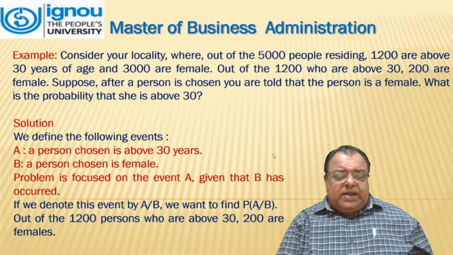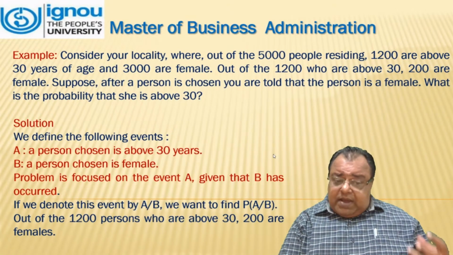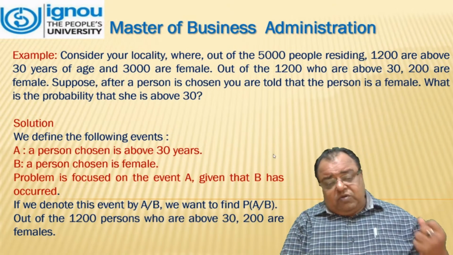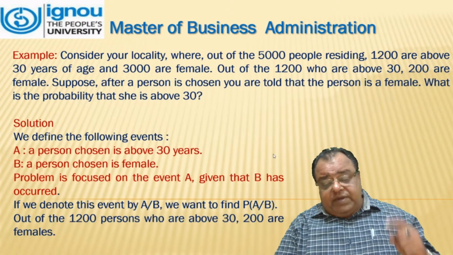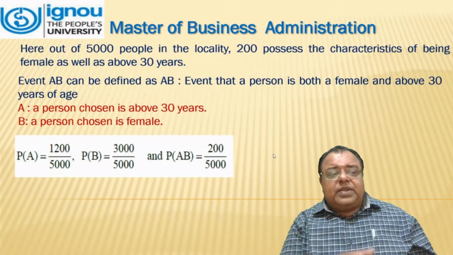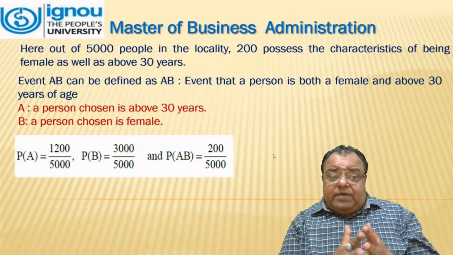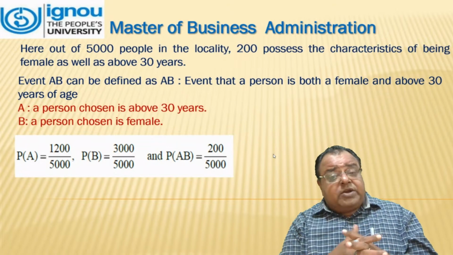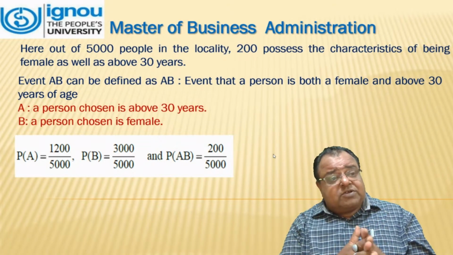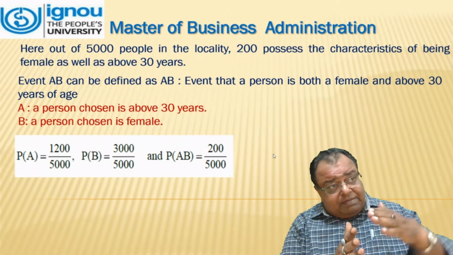If we denote that event by A, we want to find the probability of A given B. Out of 1,200 persons who are over 30, 200 are females. That means, out of a total of 5,000 people in the locality, 200 possess the characteristic of being female and above 30.